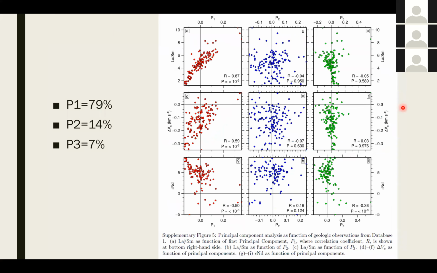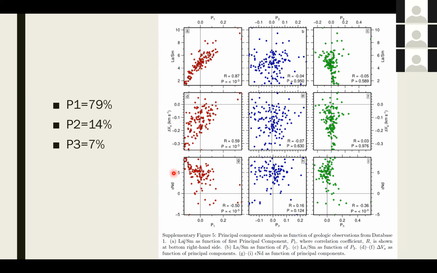It shows that PC1 is positively correlated with both the La/Sm ratio and the delta velocity. You can see this positive correlation here, and here, and there is a negative correlation with epsilon Nd.